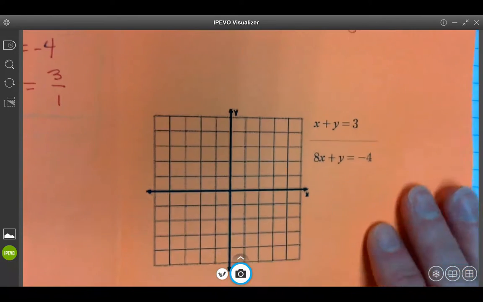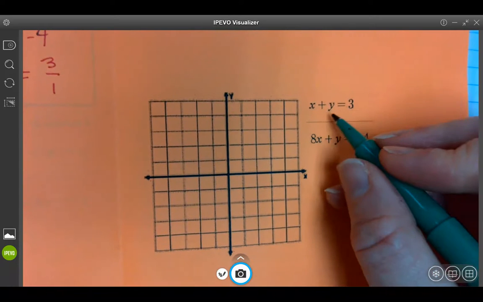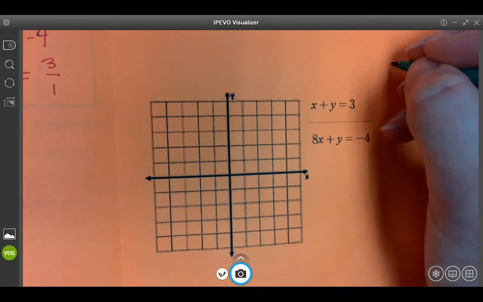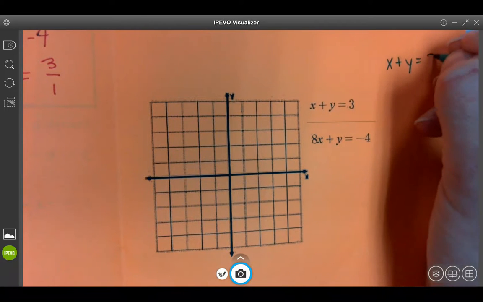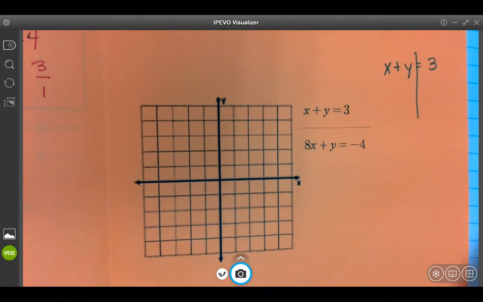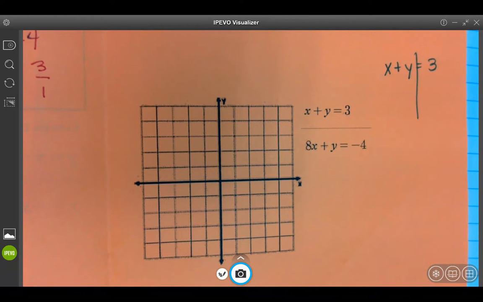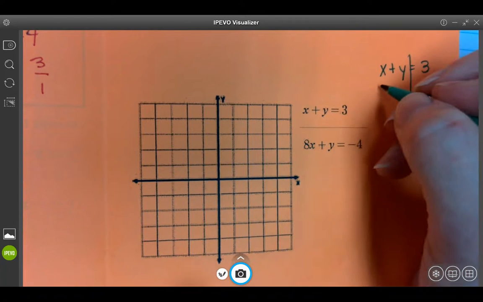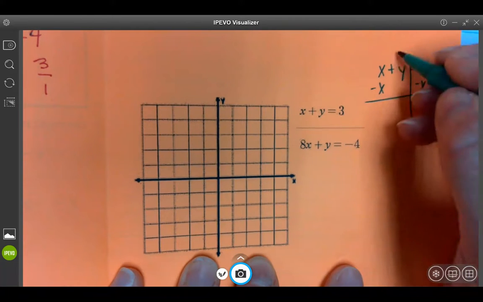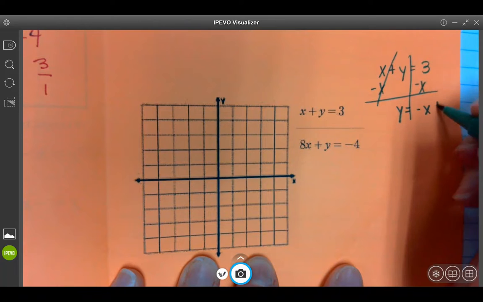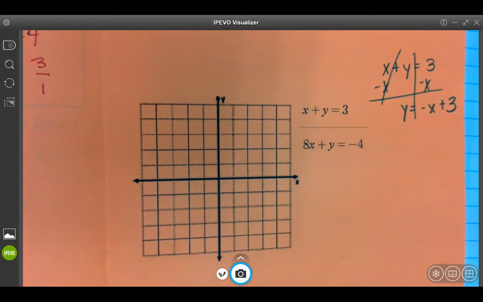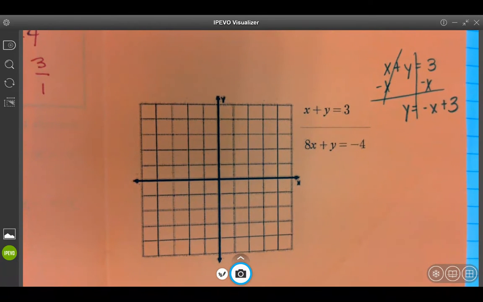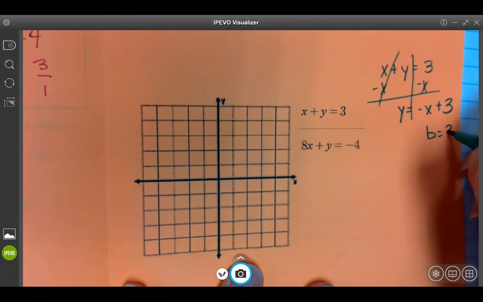All right, our last one. X plus y equals 3. We need to solve it. So I'm going to rewrite it over here. Rewrite it. Solve for y. So b is 3.